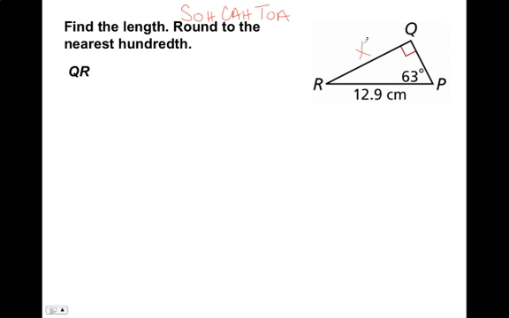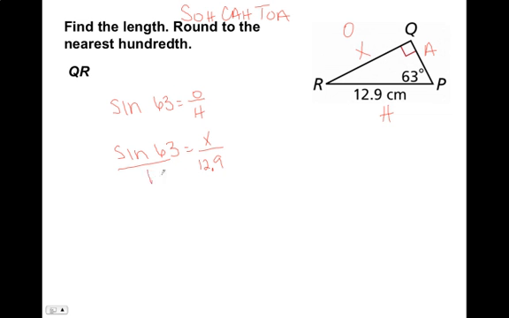Hopefully you recognized that here's my opposite, here's the adjacent, here's the hypotenuse. You notice you have the opposite over hypotenuse and realize you need the sine of 63 degrees, which is opposite over hypotenuse. So you have sine of 63 equals x over 12.9. Did you get this equation? Good.